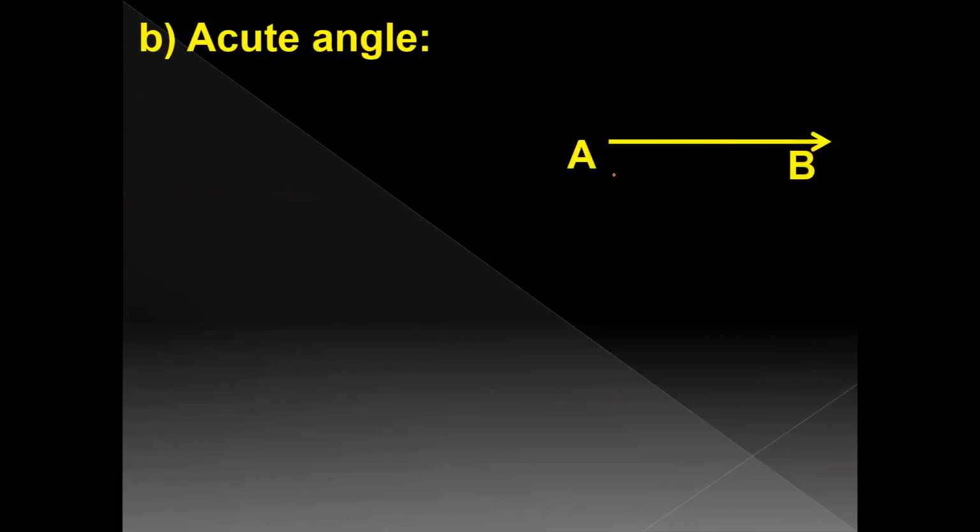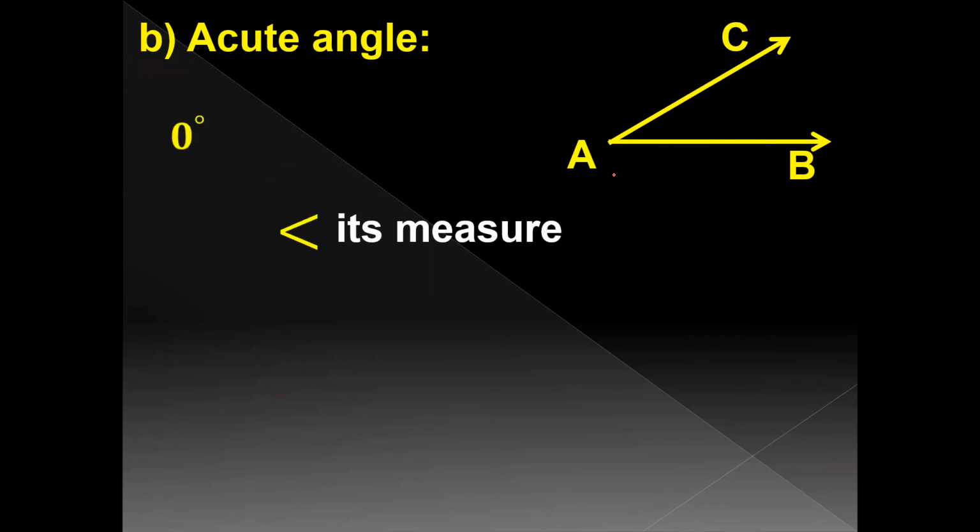Second type is the acute angle, and its measure is more than 0 and less than 90 degrees. Like what?